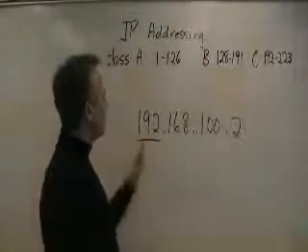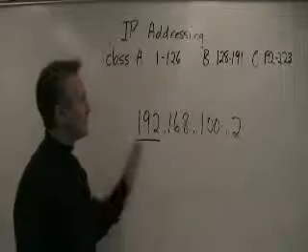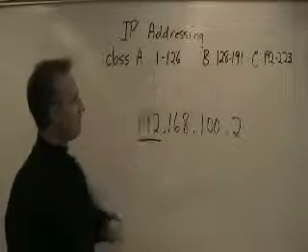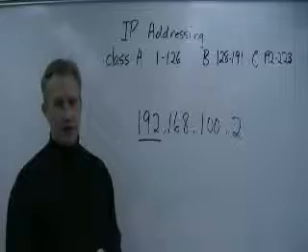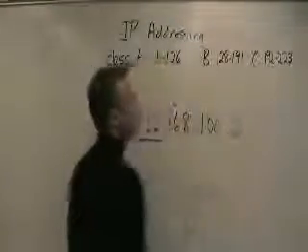And so I can simply check the first number of any IP address and tell exactly what class it's in just by that. Which range does it fall into? So this particular address is a class C address because this falls into this last range.